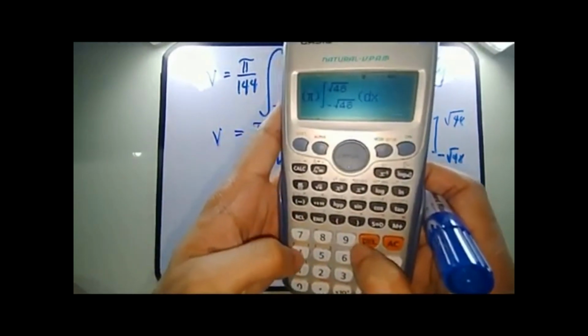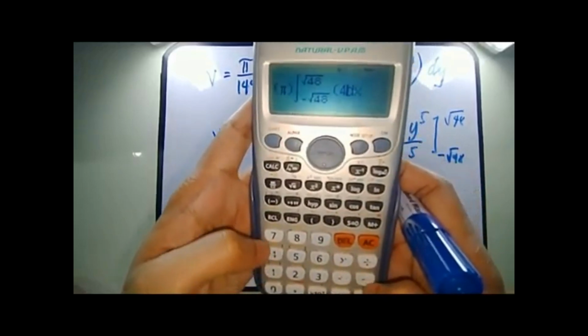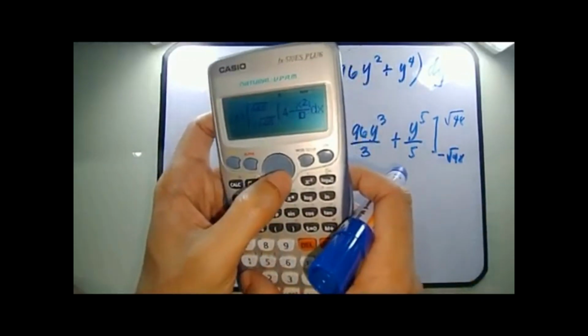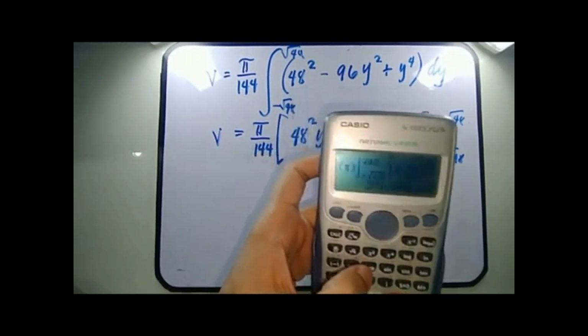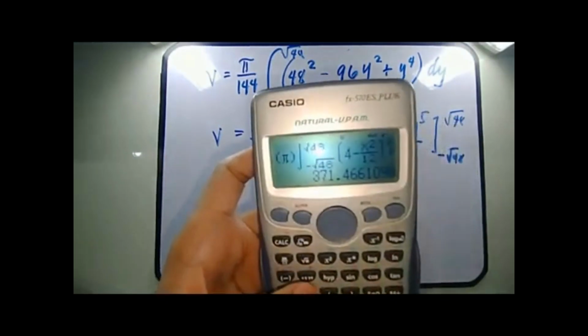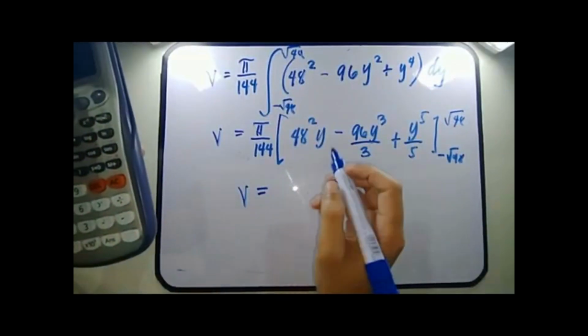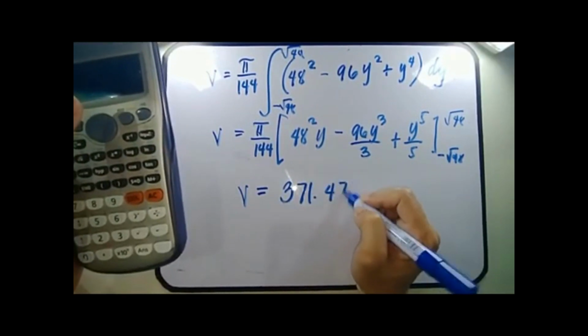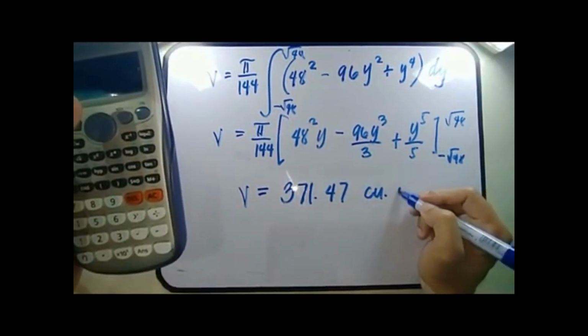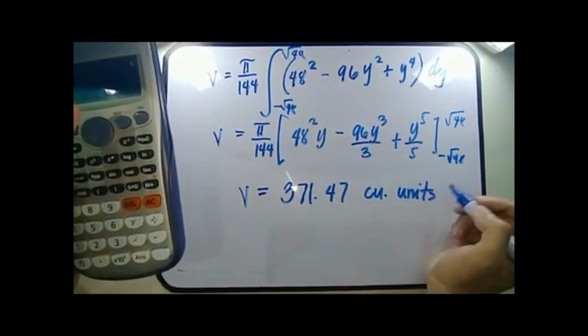So, that is 4 minus, so this will be 371.47. So, our volume, guys, will be 371.47 cubic units.